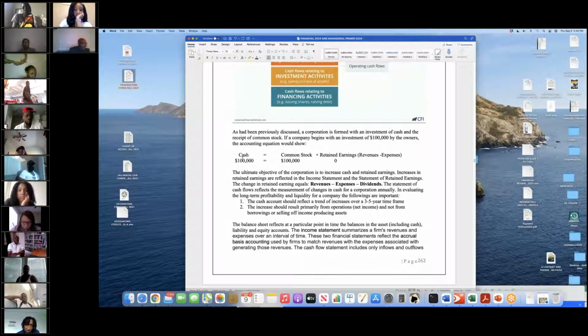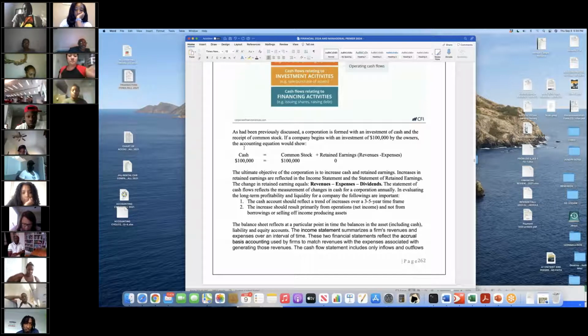If a business starts off with $100,000 in cash, its goal is to increase this cash through retained earnings, which is revenue minus expenses. So you always got to keep that in mind. Did the cash go up? Could be some other assets also.